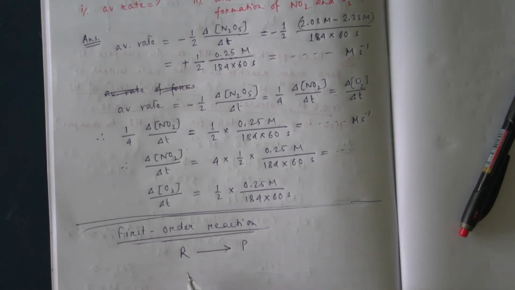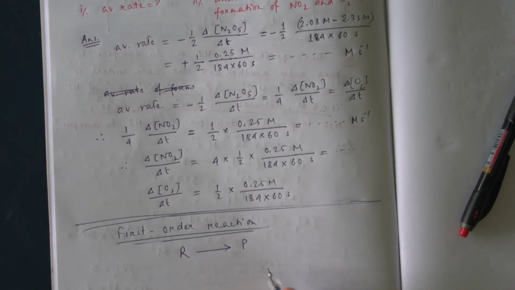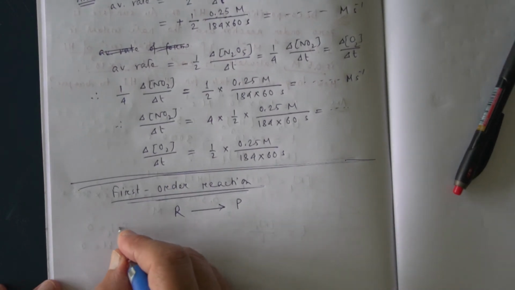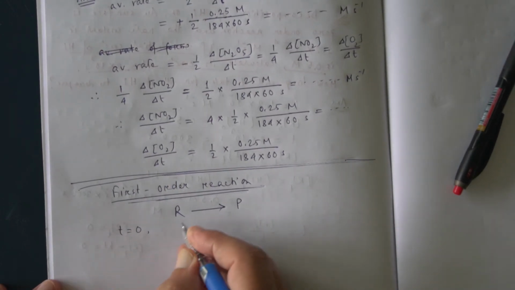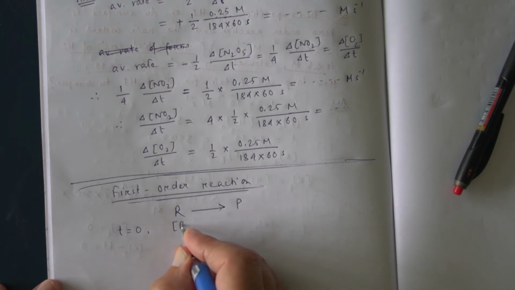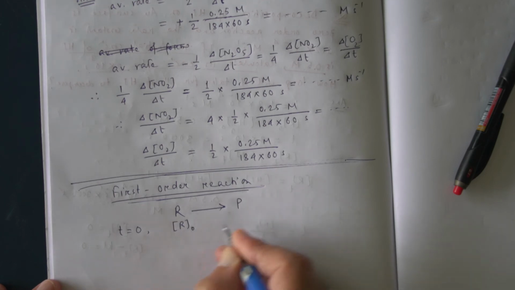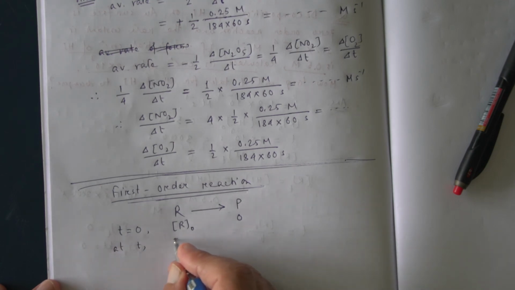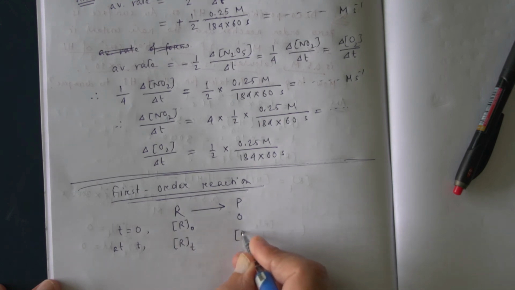We assume that this is a first order reaction. So again, initially as before, initially concentration is R naught, concentration 0. At time t concentration R_t, and this is P_t.